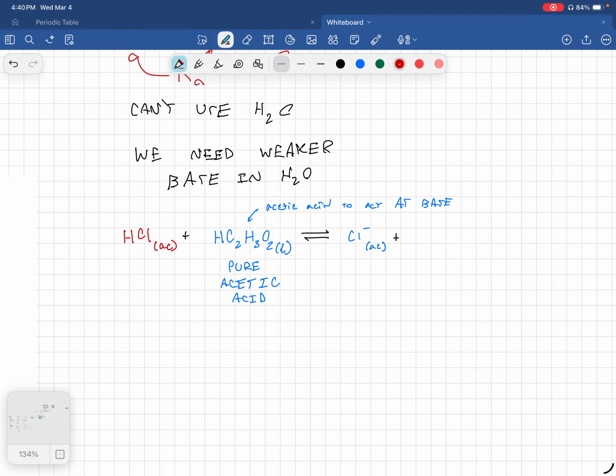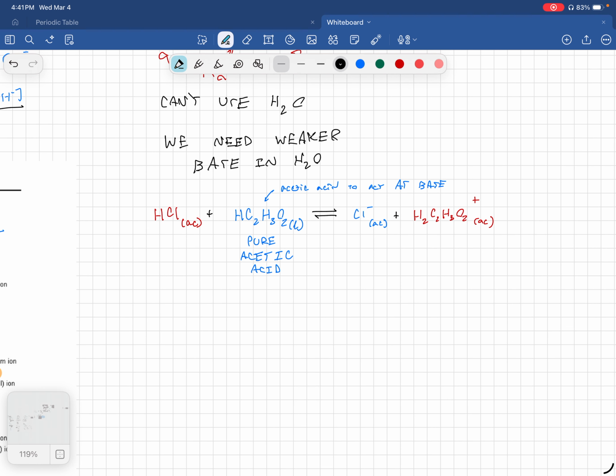And then, of course, the conjugate acid of this would be H2C2H3O2 plus, as it would be forced. You're protonating something that normally wants to lose a proton. And if we do this, we can measure a K value for this at this point.